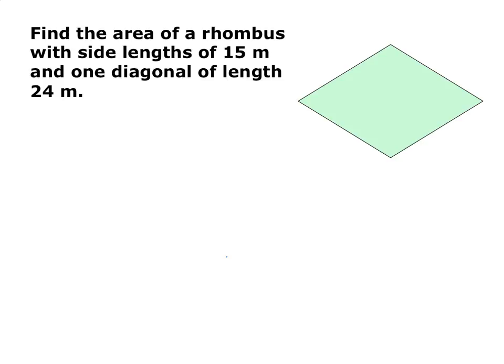Alright, so 9 was this missing piece. Same triangle over here. So our second diagonal is 18. In the area, 1/2 of 24 times 18.